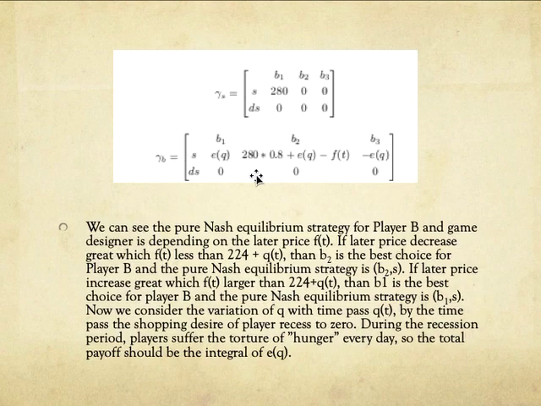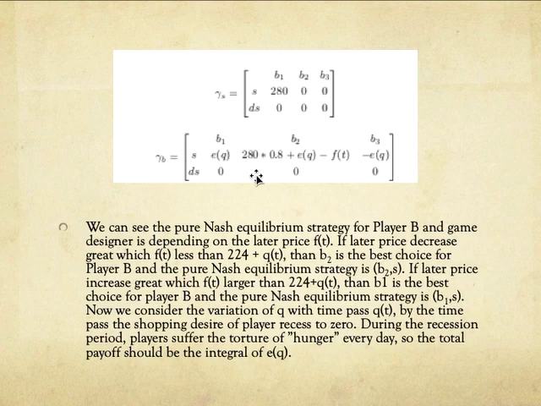So now we can list the matrix. And here we can see the pure Nash equilibrium strategy for player B and the game designer depends on the later price FT. If the later price decreases greatly, with FT less than 224 plus QT, then B2 is the best choice for player B, which is sell the goods.